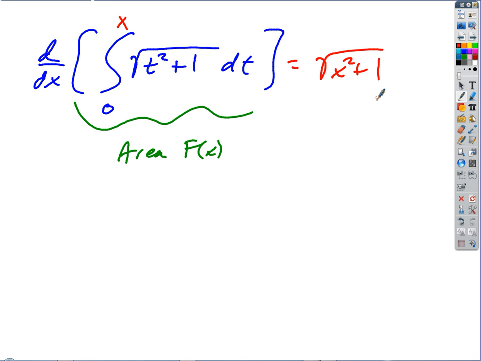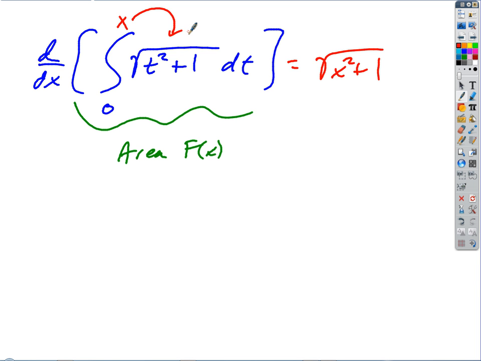It's just the value of that function at x, the height of the function. So all we're doing is plugging x in and finding out how big it is at x. Make sense?